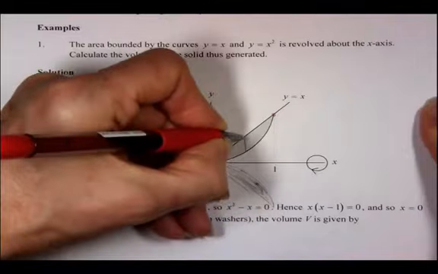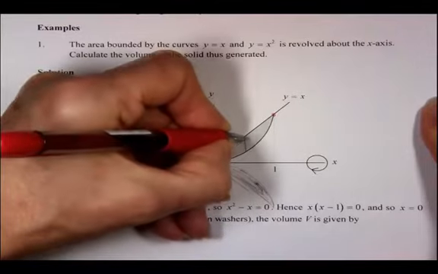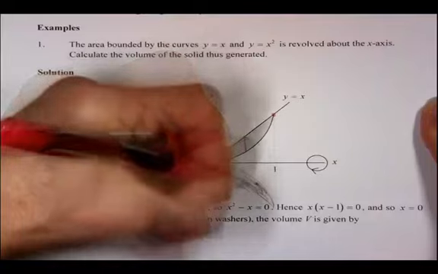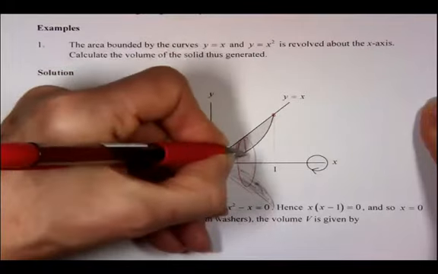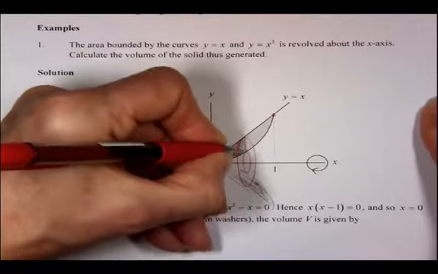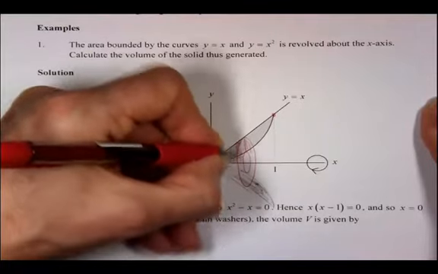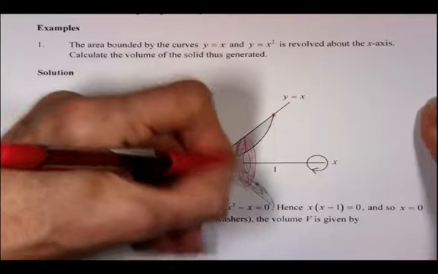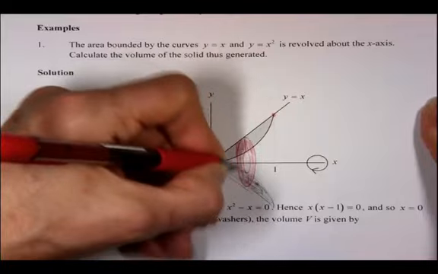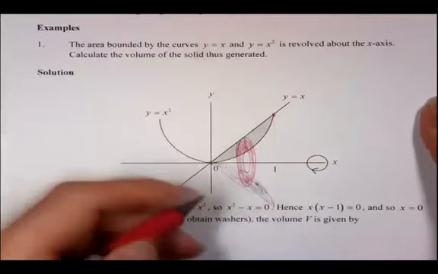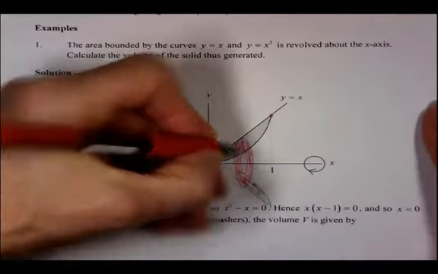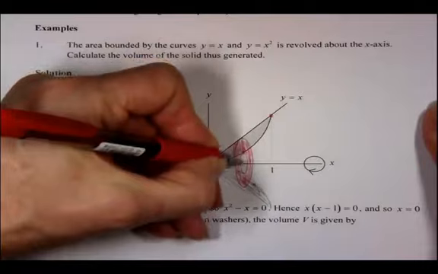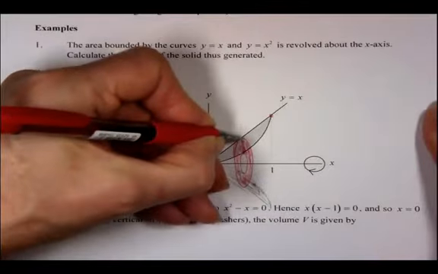Oh dear, it's not looking beautiful, is it? So we're thinking of adding up the areas of these thin washers of width delta x, and we can see the radius of the hole here and the radius of the outer circle.